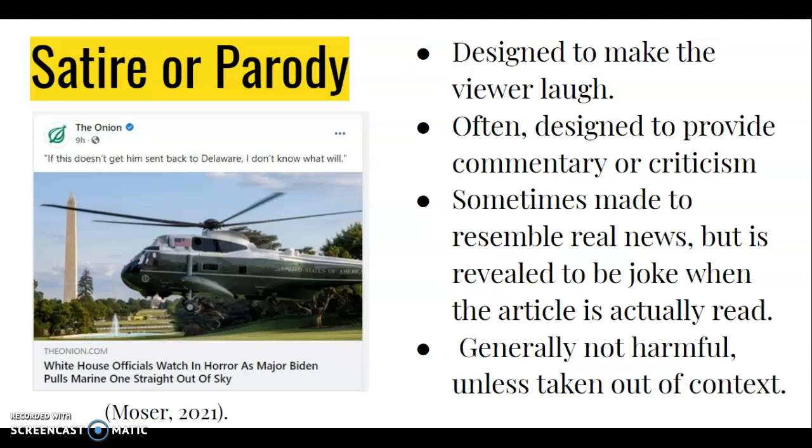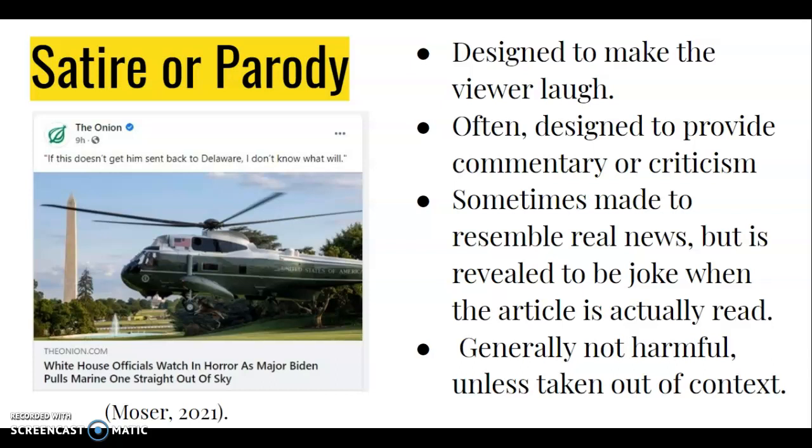I took a screenshot of an article from a very popular satire website, The Onion, and the headline reads, "White House officials watch in horror as Major Biden pulls Marine One straight out of the sky." For those who don't know, Major Biden is President Biden's German Shepherd dog.